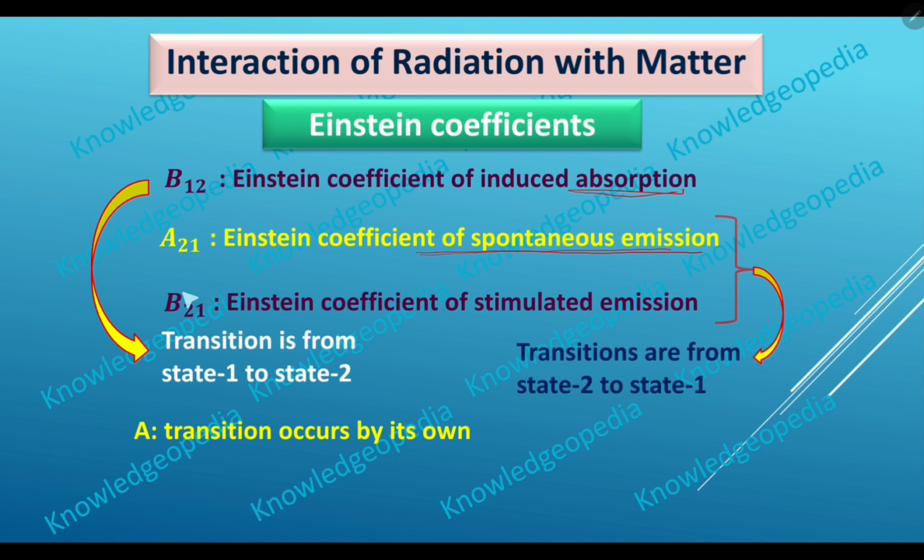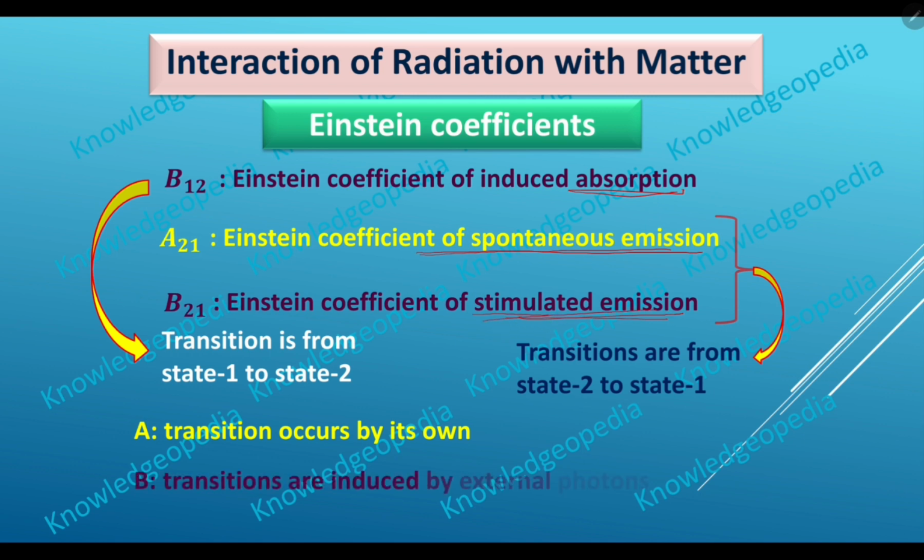But considering the other two where the letter is B, in that case this is induced absorption. We are using a photon, right? Similarly, if you see stimulated emission, here also you need an outside trigger, that is some radiation to be incident on the matter to initiate this stimulated emission.